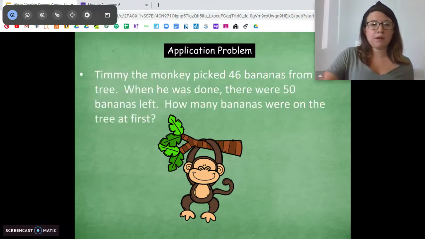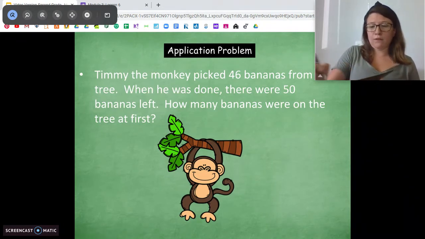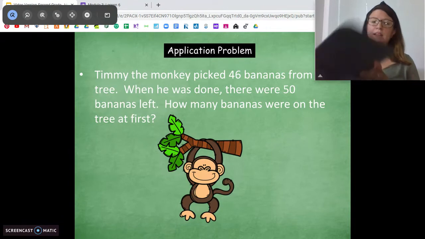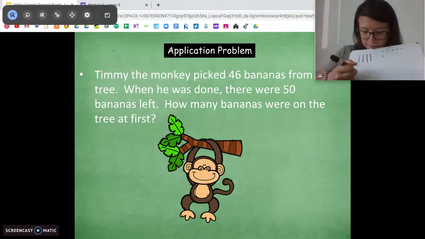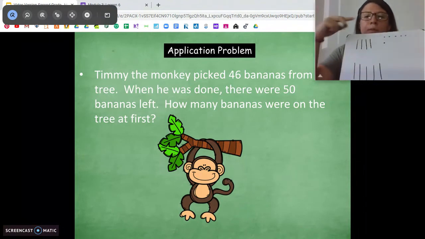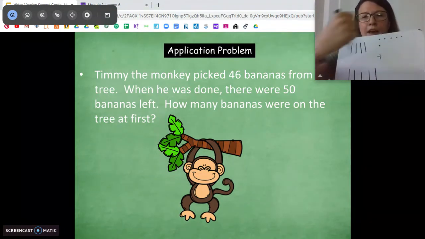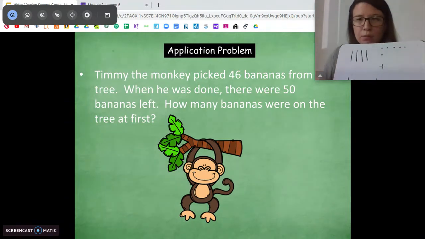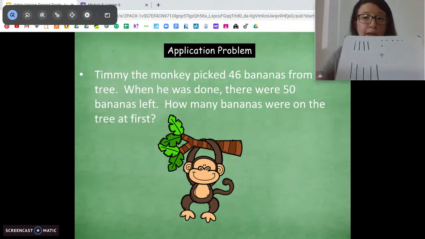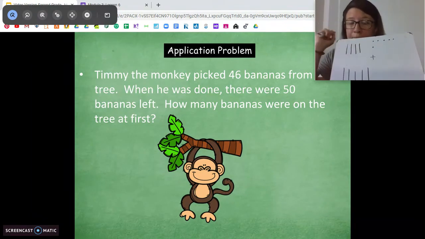So I'm going to draw my 46, 1, 2, 3, 4, 5, 6. There's my 46 plus my 50. 10, 20, 30, 40, 50. So pictures help me kind of add, and I know I'm adding those two together. So I'm going to add all my 10s and add all my 1s and come up with my answer. If you have a different way of doing it, go ahead. Either way, I want you to pause and solve. Come back when you're ready.